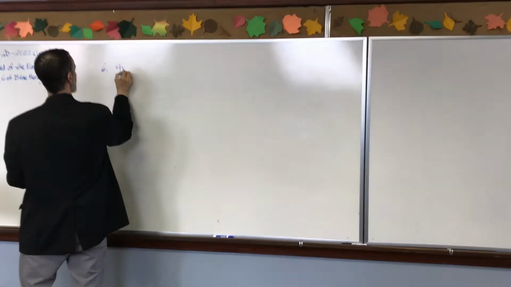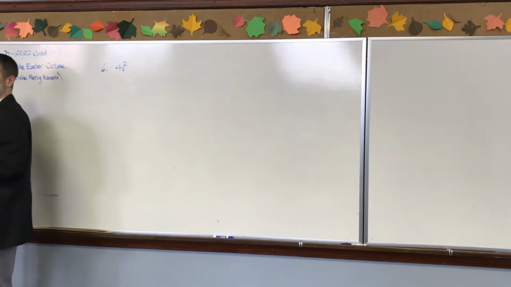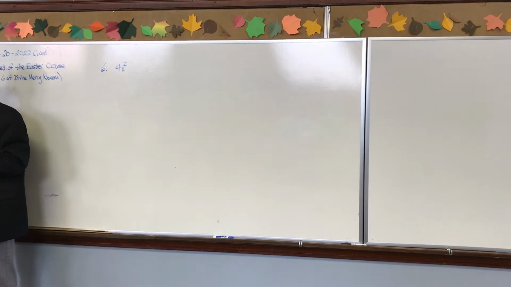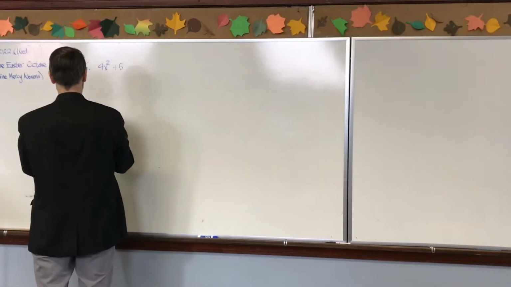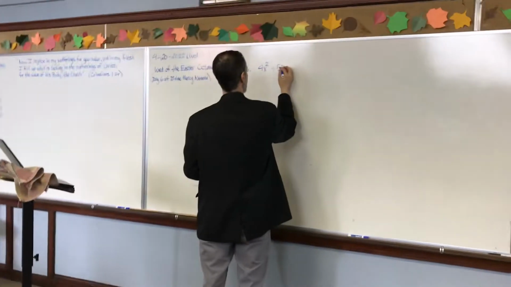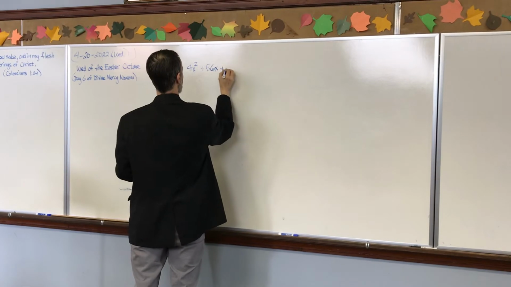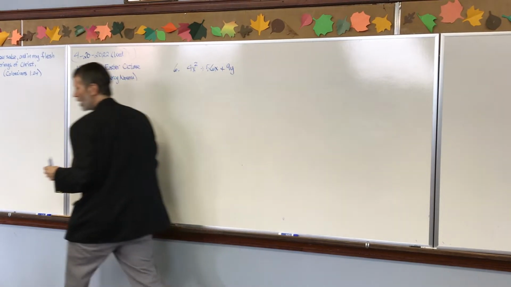All right, number 6 looks like this: 4x squared plus 56x plus 9y plus 142 equals 0.